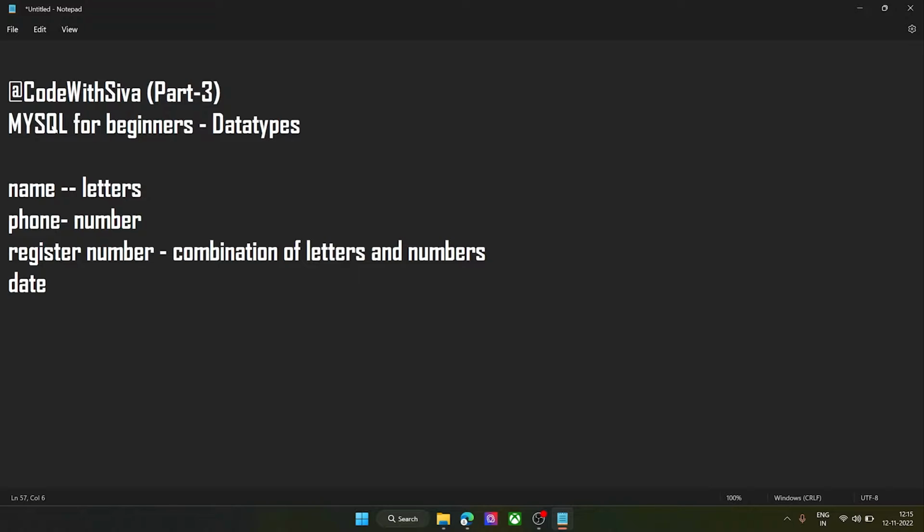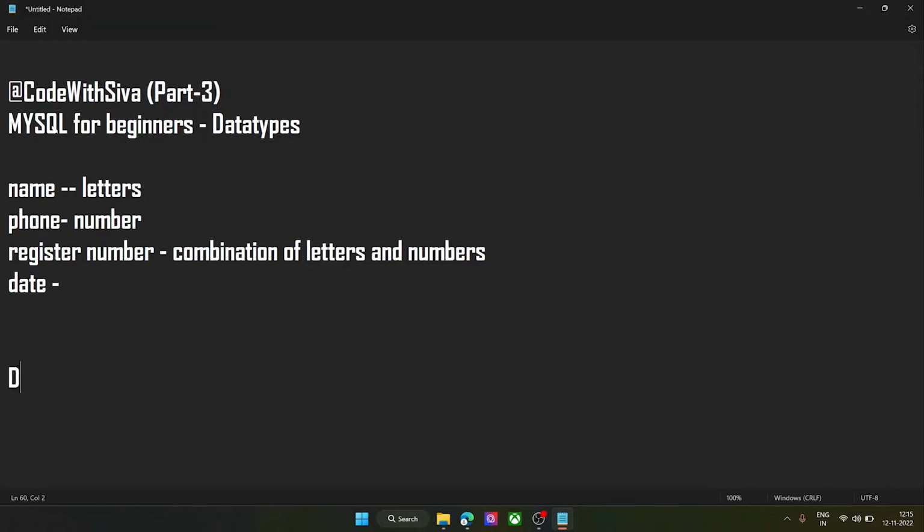It contains numbers, but there will be some slash or something which we use. So how do we mention this for every column? We mention this using data types. There are some explicit data types which are already defined for all these things. I'm going to explain about those data types now.